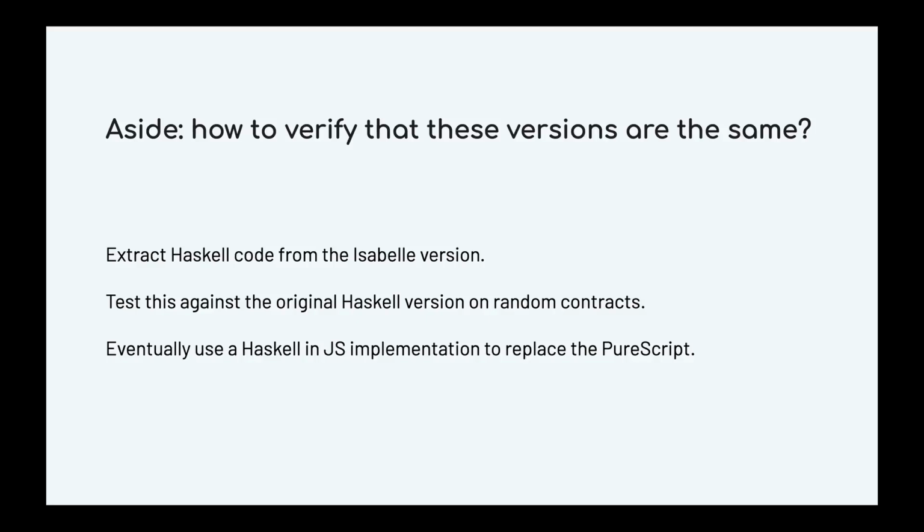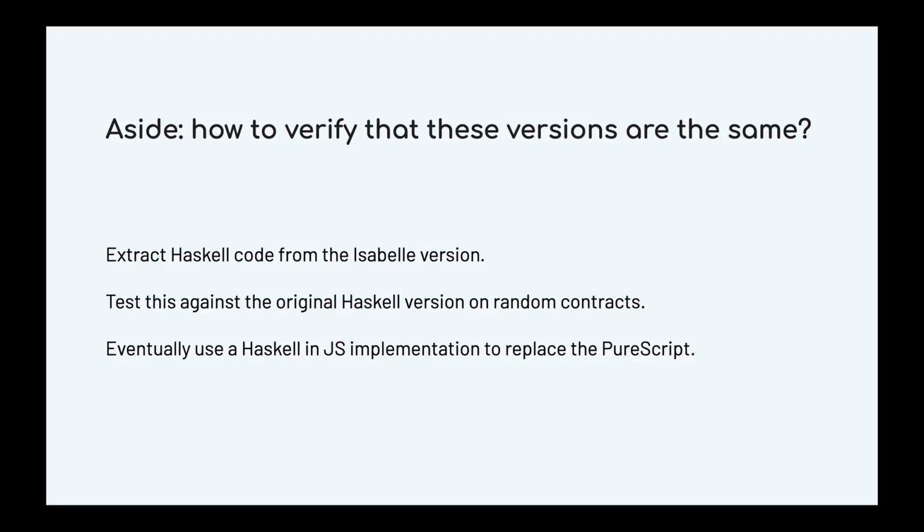And down the line in our roadmap, we certainly expect to be using a Haskell in JavaScript implementation at some point to replace PureScript in the front end. So we don't have to write a PureScript version of the semantics. When we're doing the off-chain interpretation, building the transactions to be submitted, we can use the actual real Haskell implementation by compiling it into JavaScript and running that in Marlowe Run, in the client code.